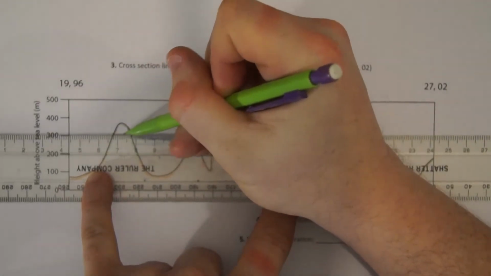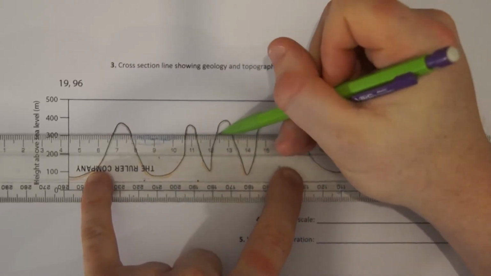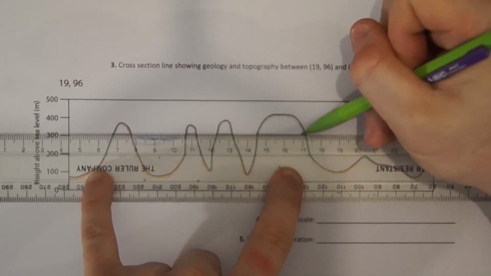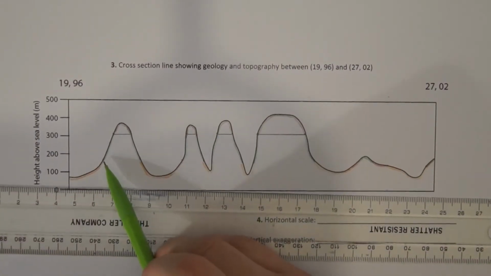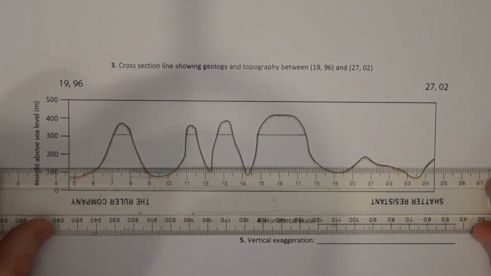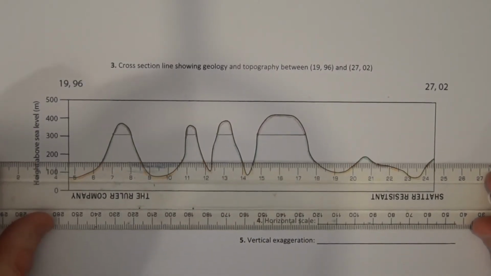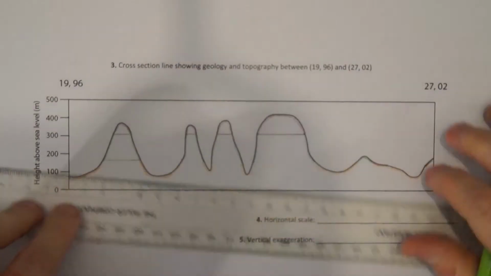So from here to here, I've got a horizontal contact, and there, and there, and there. And then for my contacts between my green sands and my Keuper Marls, they're all horizontal. They're showing that parallel outcrop pattern. So we've got a horizontal contact there.